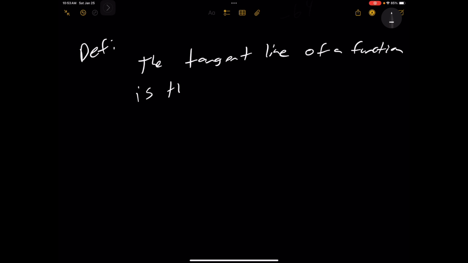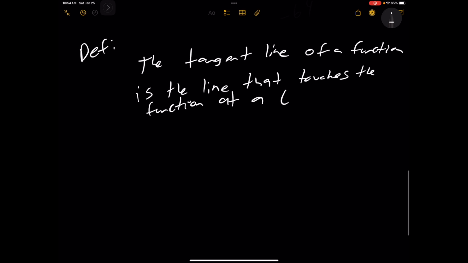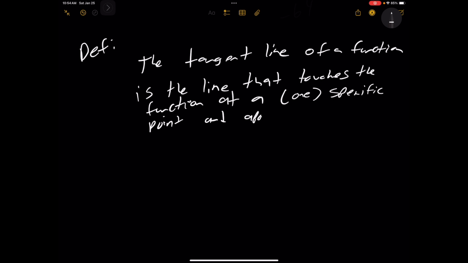It is the line that touches the function at one specific point, and what it does for us is it approximates that function at that point.